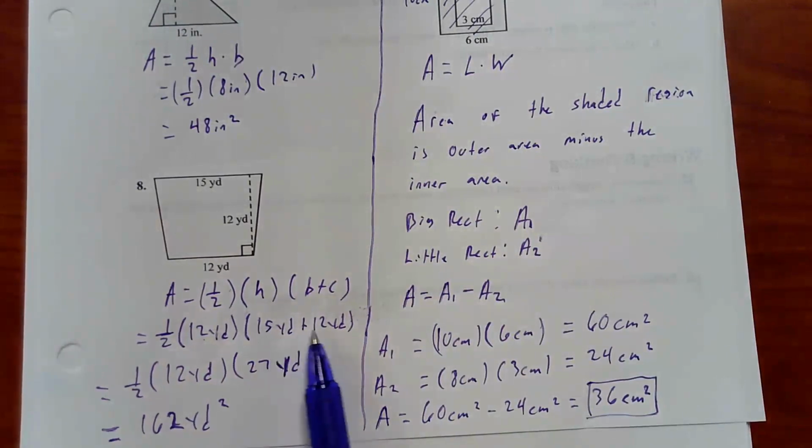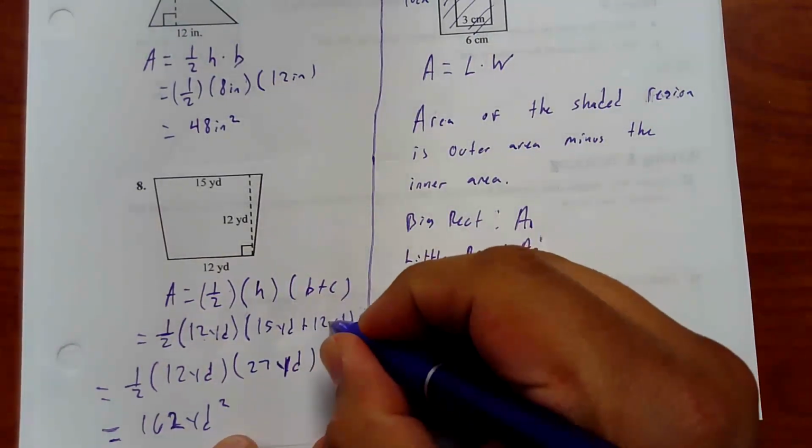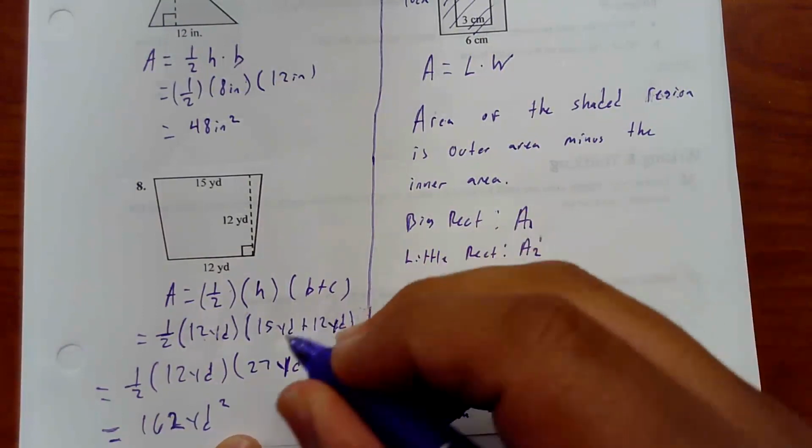So b plus c is 15 yards plus 12 yards. Alright, I got it. I wrote the y all stupid.